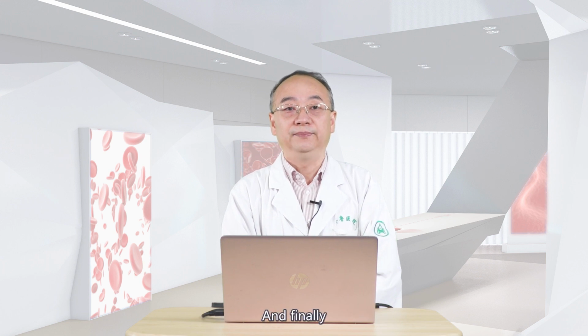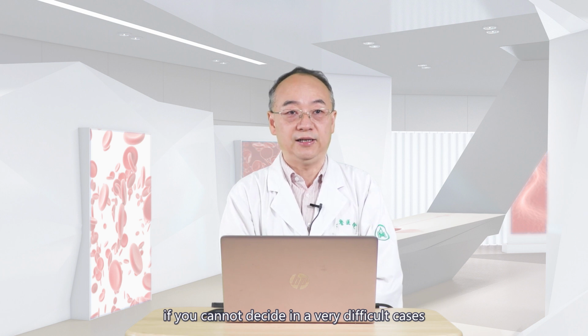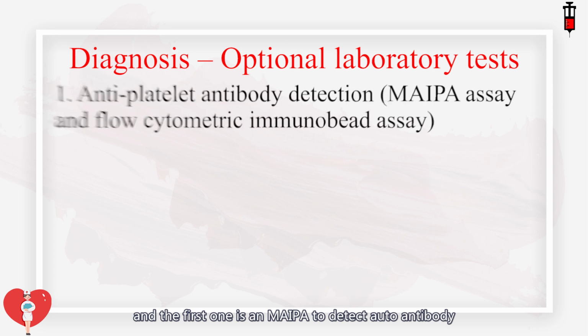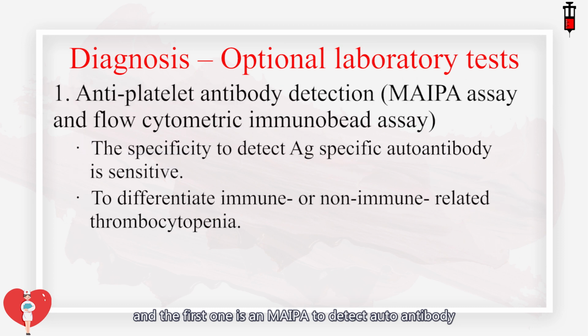And finally, in very difficult cases where you cannot decide, 2 tests may be useful. The first is the MAIPA assay to detect autoantibodies against glycoproteins on the platelet surface, mostly glycoprotein 2B3A and glycoprotein 1B9.